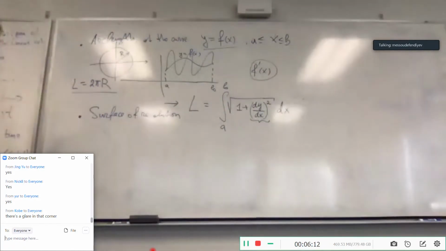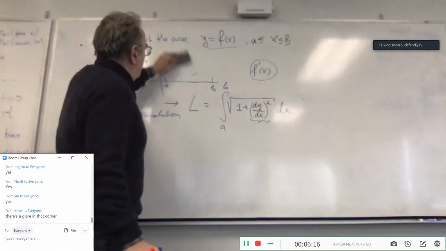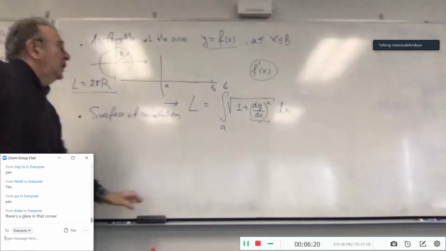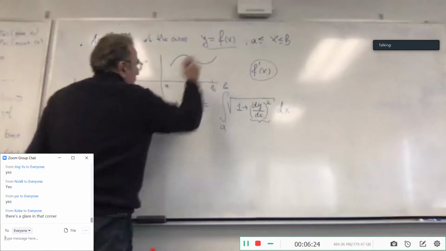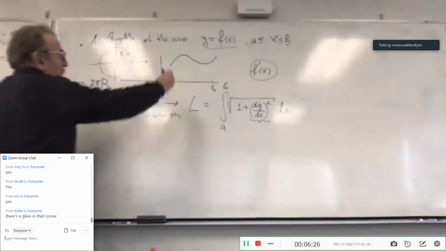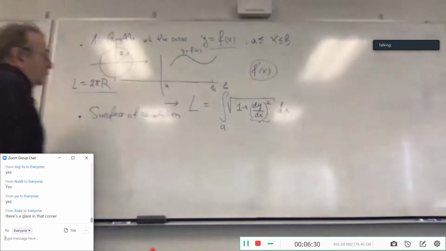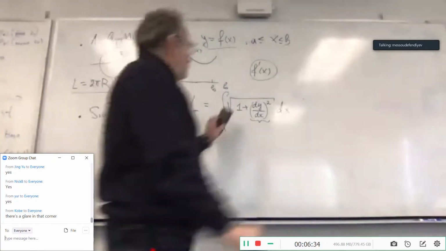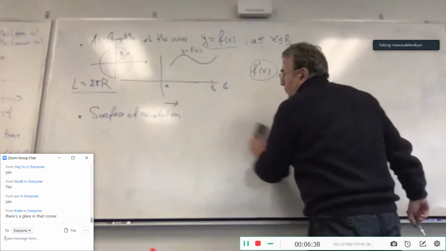And the surface of revolution, I told you that when we are speaking about the surface of revolution, we again have some curve like this. It will be again y is equal to f of x, and now we are trying, as we did last time, I showed it very geometrically.